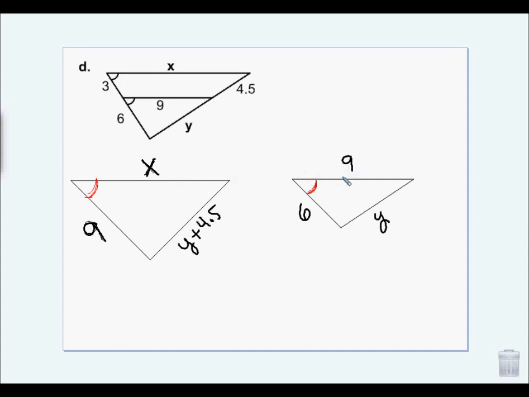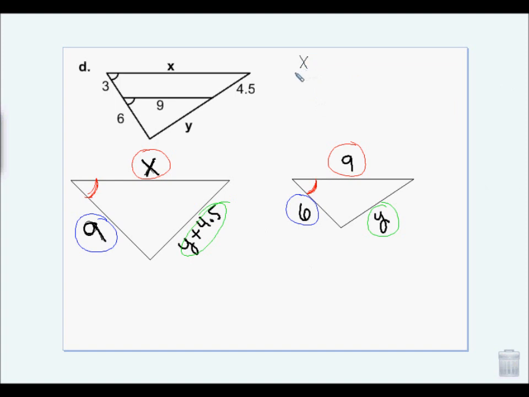Okay, so we're going to do X first just because there's only one of them, so it's easier. But let's do 6 goes with 9, right? This 9 goes with this X, and then these Y pieces go together.